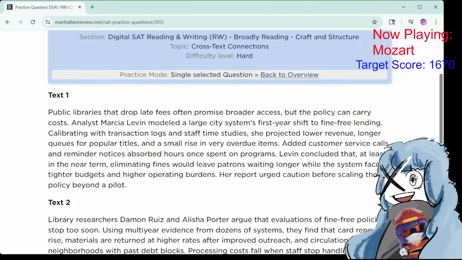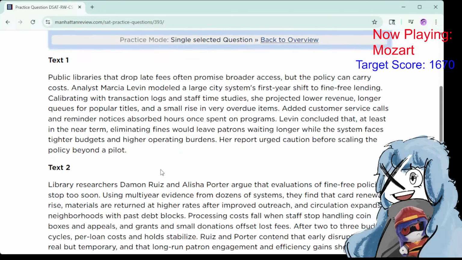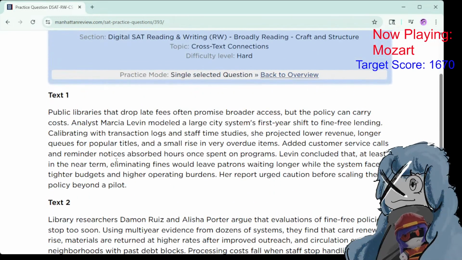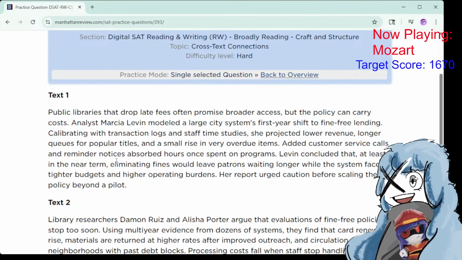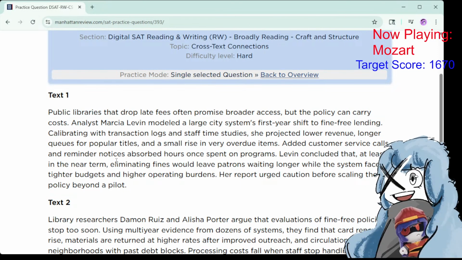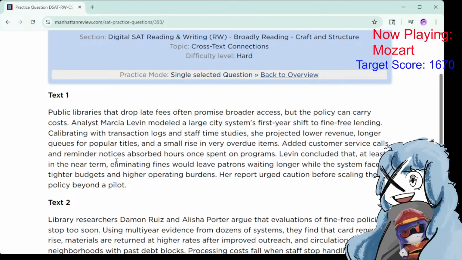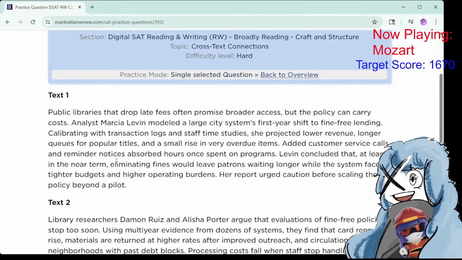These are hard cross-text connections. What does text two say to text one, right? How would text two respond to text one? Public libraries that drop late fees often promise broader access, but the policy can carry costs. An analysis by Marcel Levin modeled a large city system's first-year shift to fine-free lending, lending without any fines.